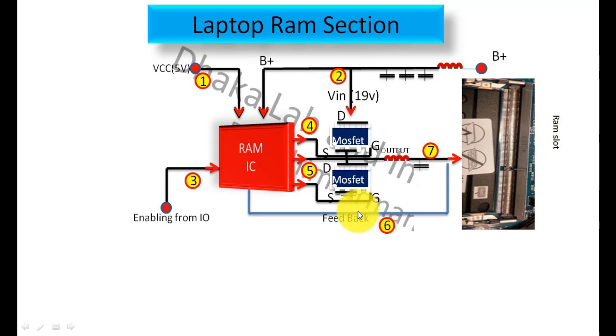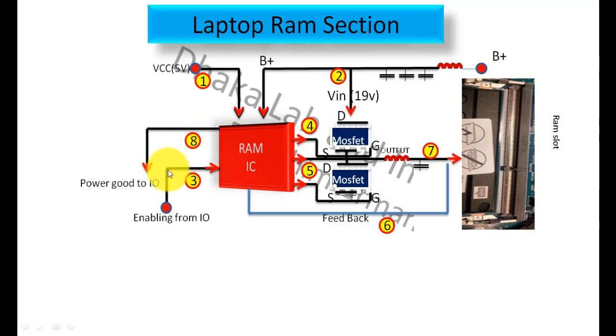The feedback signal works to get the exact RAM output voltage, and when there is exact output voltage, that signal will enter into the RAM IC, and the RAM IC will realize that the exact voltage is being received. After all the signals are ready, the RAM IC will send a signal to IO.